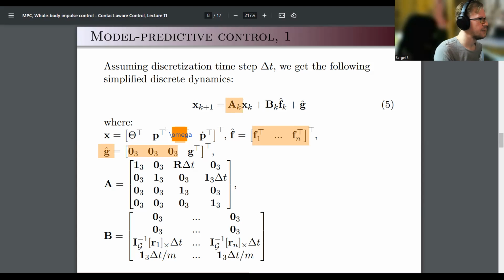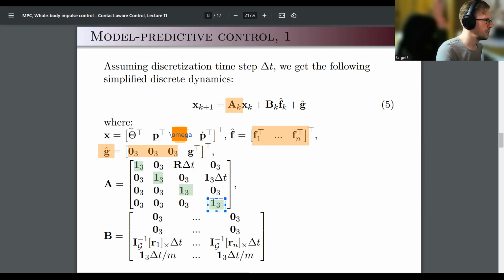Okay, but remember we here deal with discrete equations, so discretization. Since it is discrete equations, we would have those identity matrices on the diagonal. Basically it says next x would be equal to the previous x plus something.